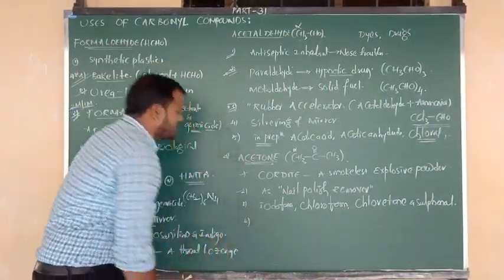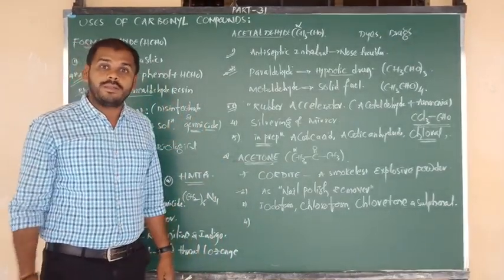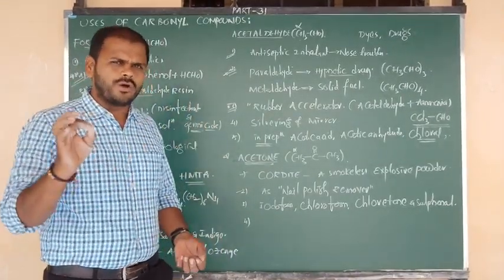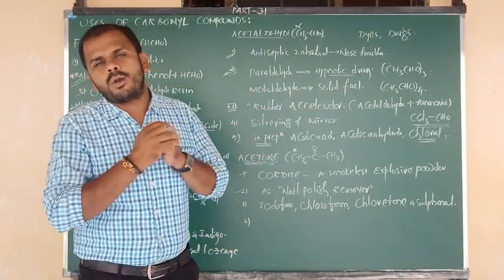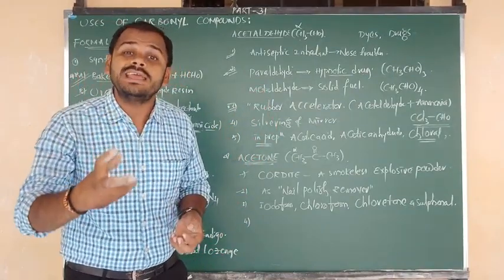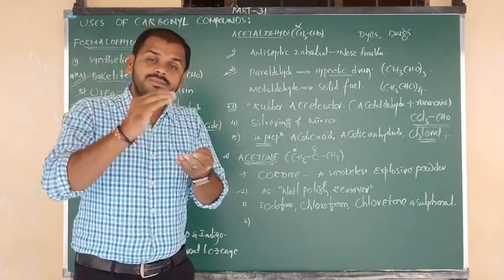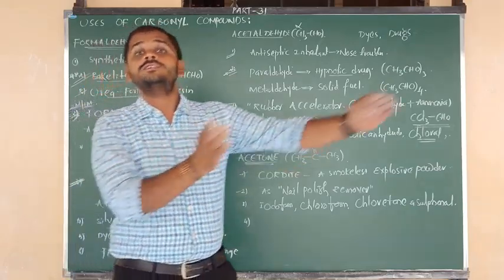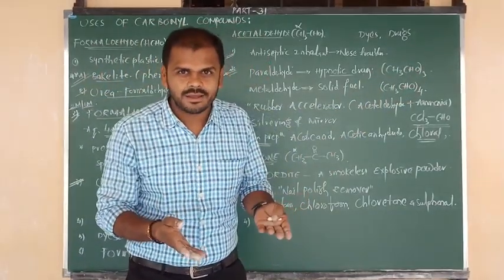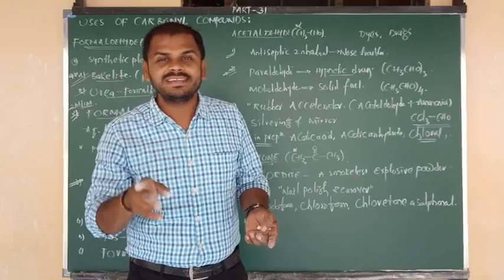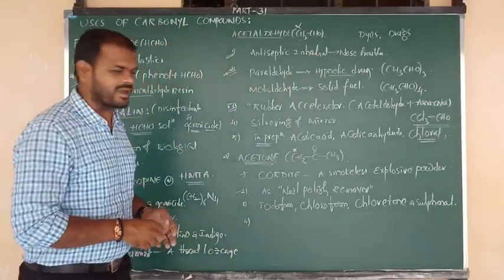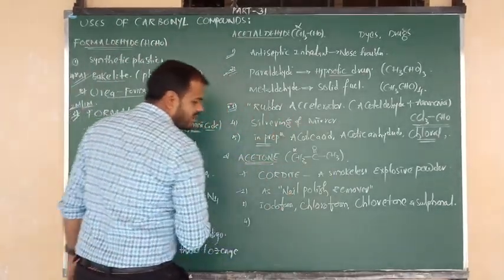Next, one more thing I want to tell you. This is important for you. Among the following, which carbonyl compound is used for the storing of acetylene? For the storage of acetylene, for the transportation of acetylene. That means such a carbonyl compound does not react with acetylene. The compound is nothing but acetone.